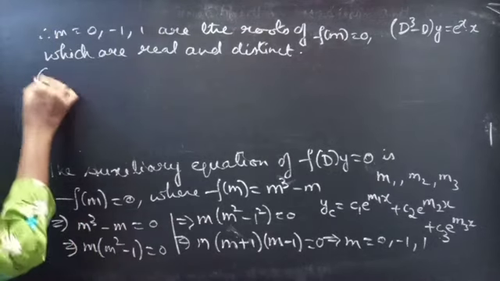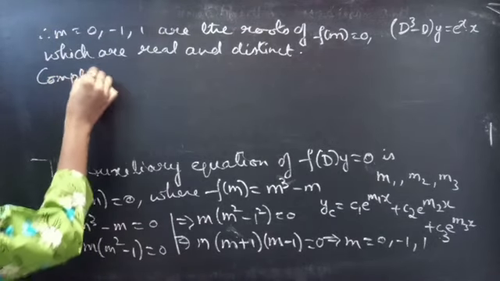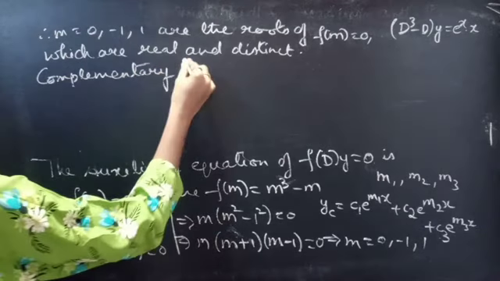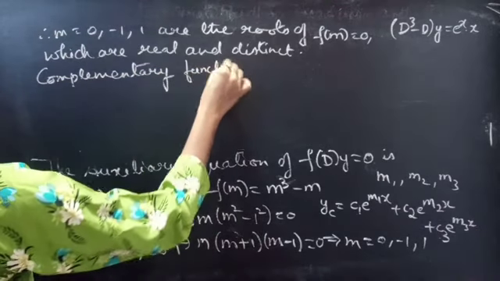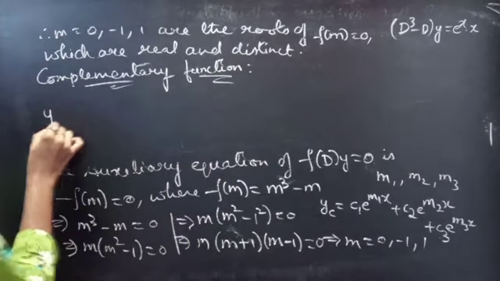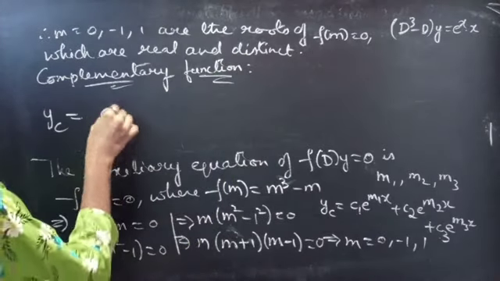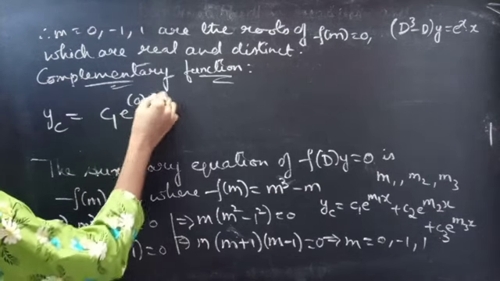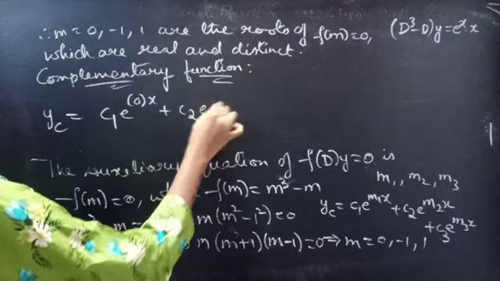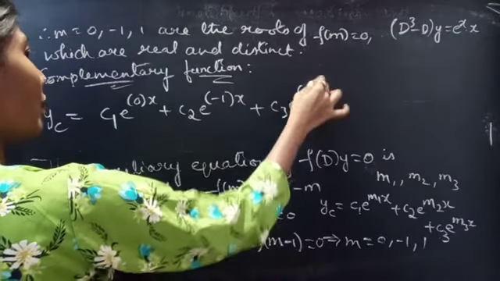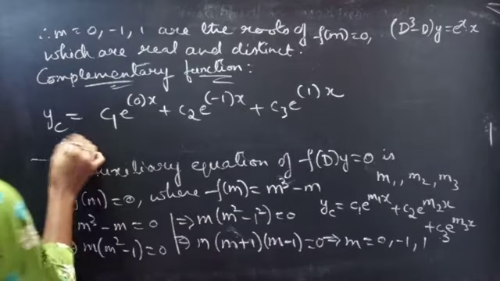Now let's write the complementary function. Yc becomes c1 into e power one root, say 0 into x, plus c2 into e power minus 1 into x, plus c3 into e power 1 into x, right?